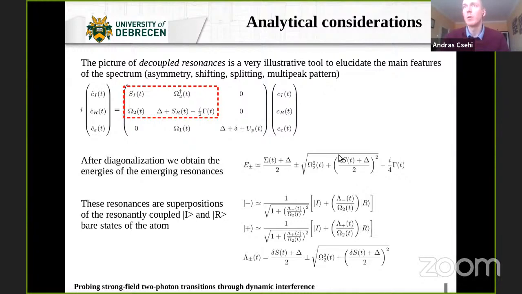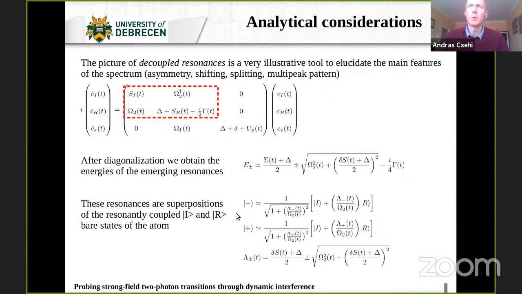So if sigma is 0, then delta S is 0. So it becomes very, very simple. And also here 1 over square root 2 if there is no Stark shift, and so it can be considered a general situation when there are Stark shifts in the system.